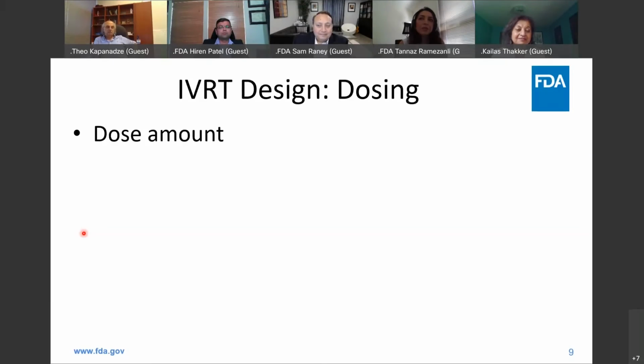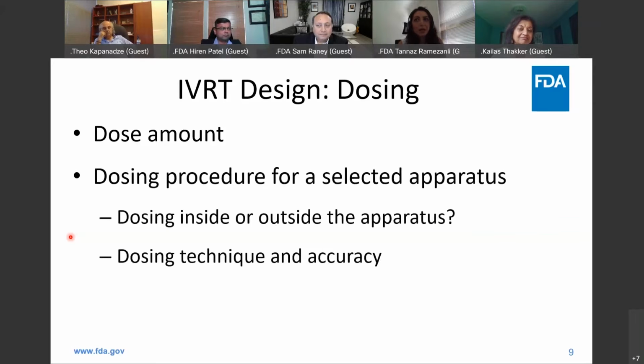We already had some discussion earlier related to dose amount for the IVRT study, using infinite dose or pseudo infinite dose, and technically how one dose should be used depending on which apparatus we are using. And for some apparatus we may have some limitation in terms of the dose amount that can be applied.